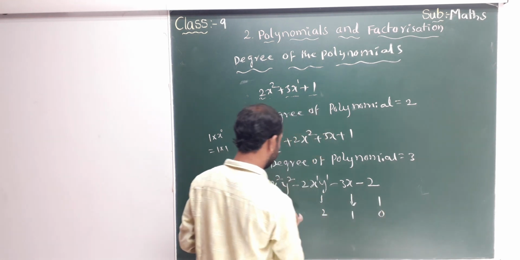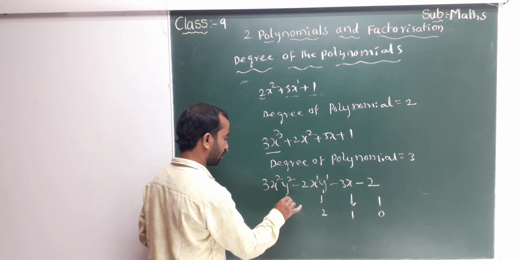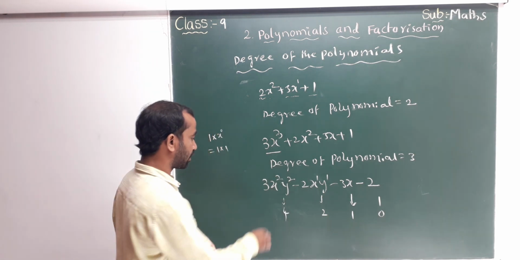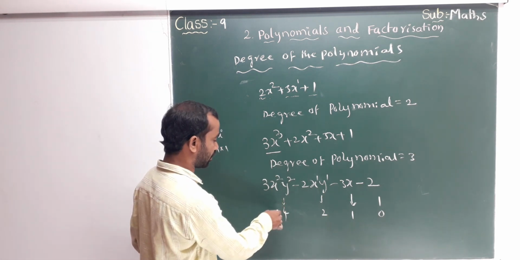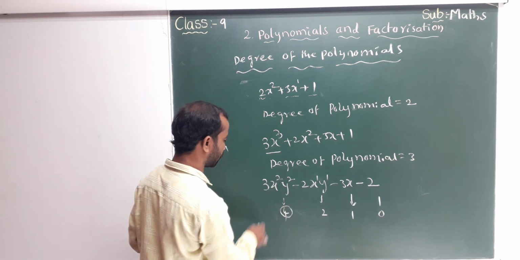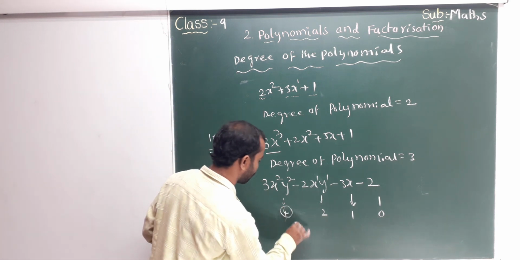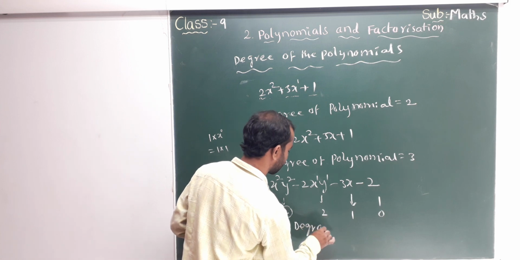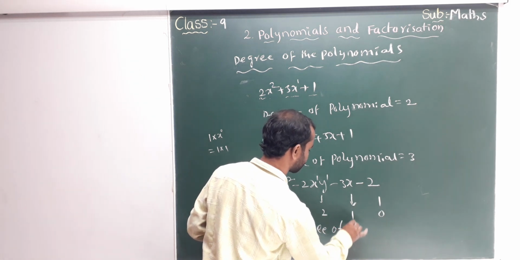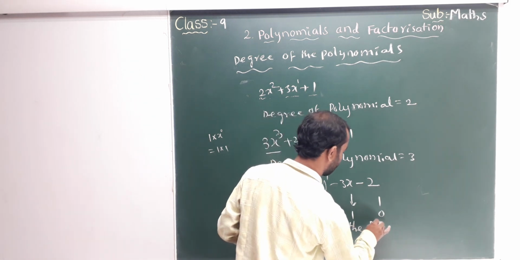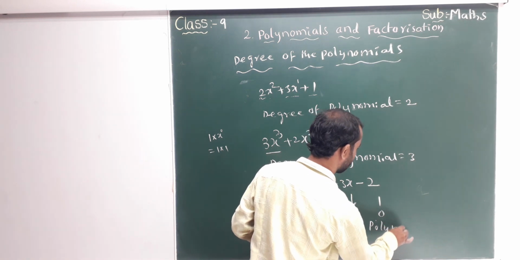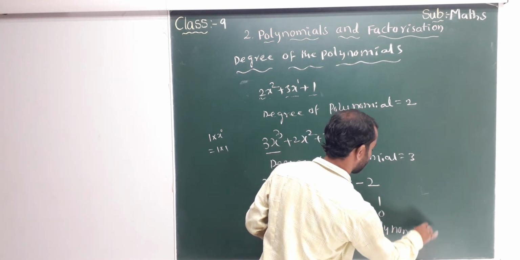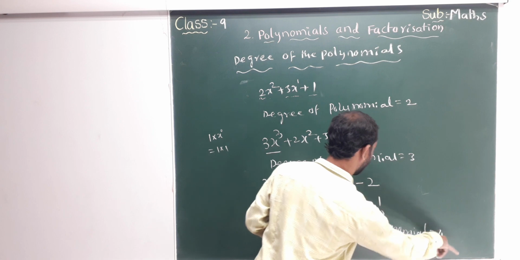So the highest degree of the variable term is 4. So the degree of the polynomial is 4.